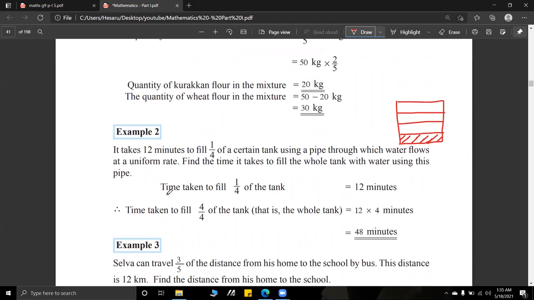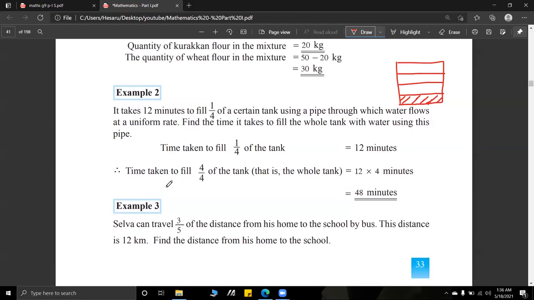They are writing: time taken to fill 1/4 of the tank is 12 minutes. That's the data given in the original statement. We need to find out how much time we have to spend to fill the total tank.